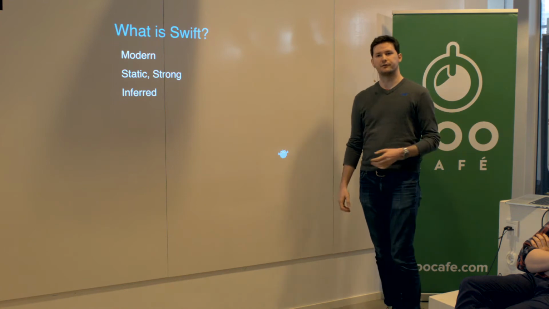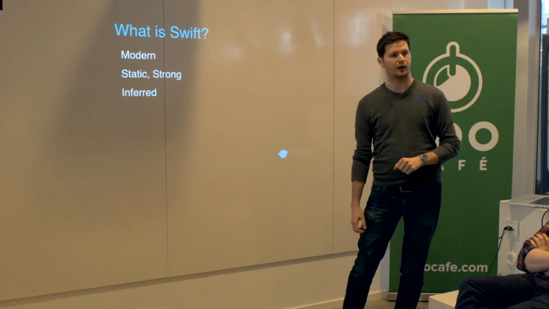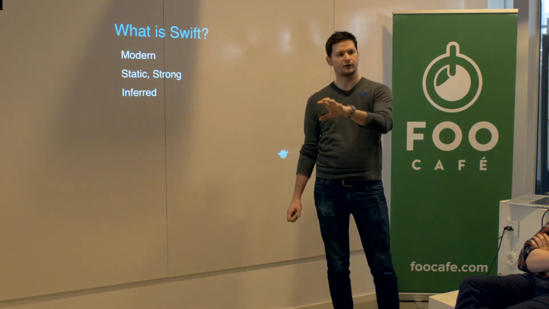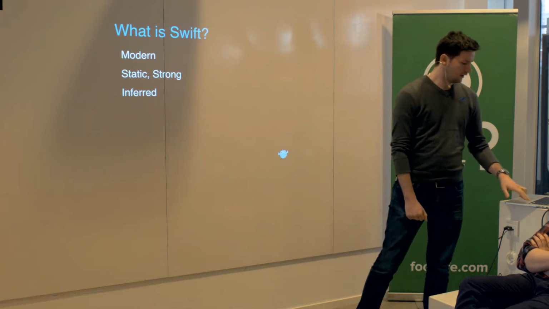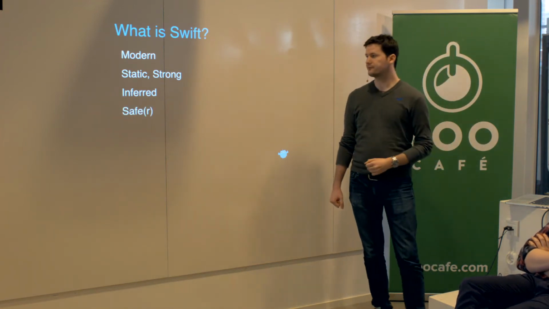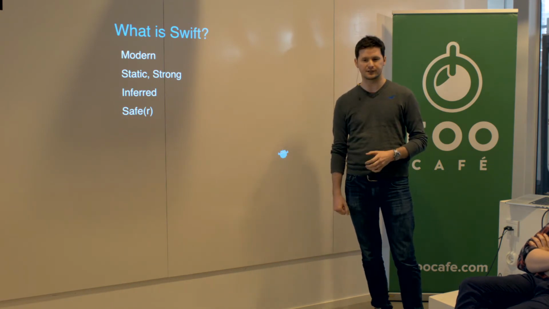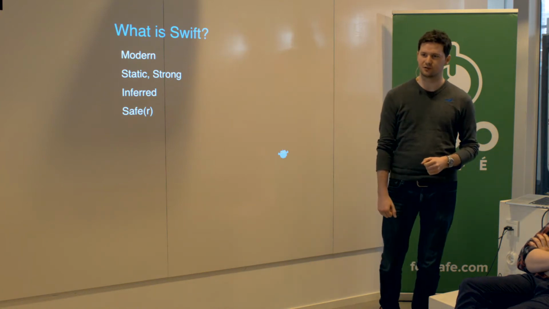It is inferred. That means that you don't always have to explicitly type out what kind of type you want to use. Swift can figure out by itself what you mean a lot of the times. And it's safer. They have brought in a lot of new stuff that makes it a little bit safer than a lot of us are used to in Objective-C.